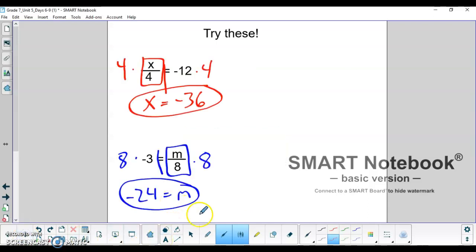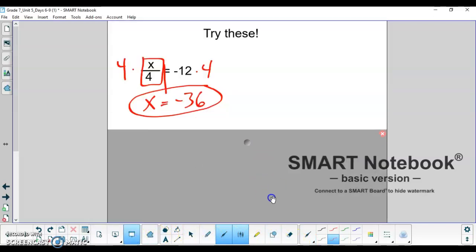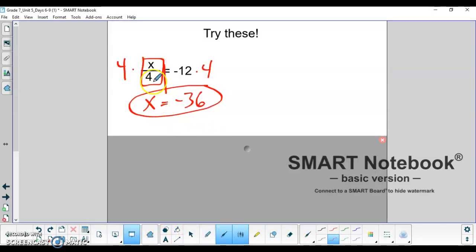All right, here we go with those 3 problems. So I'm going to break them down one at a time here. The first problem, which was on the left, was x divided by 4 is equal to negative 12. Again, I said x divided by 4, so the opposite of dividing by 4 would be to multiply by 4 to get rid of the 4. And then negative 12 times 4 is negative 36.